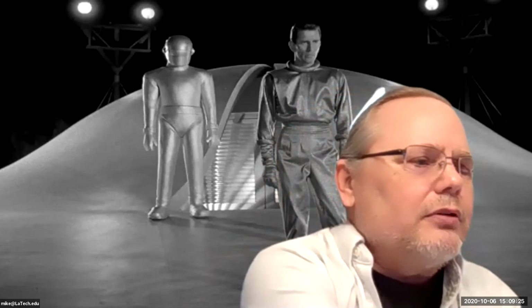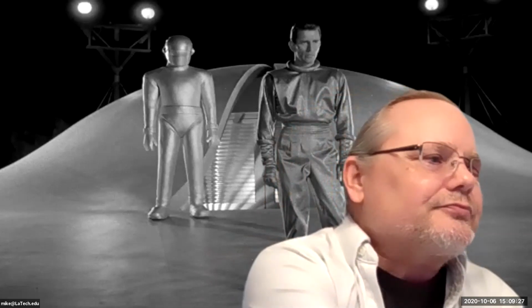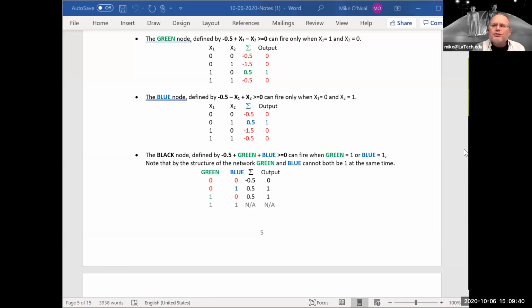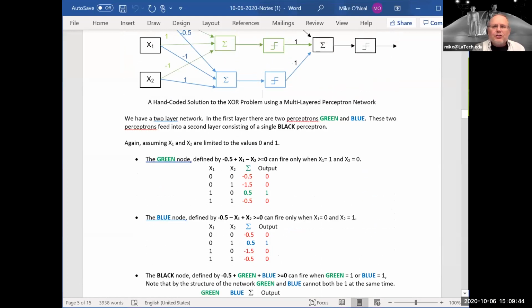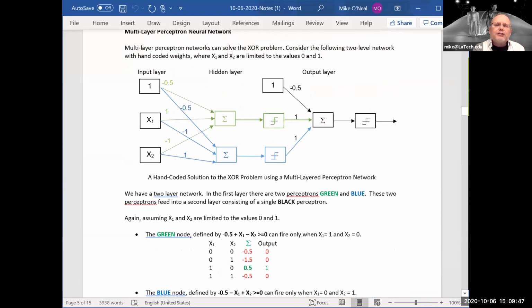So one other little thing that I wanted to show before I close the book on perceptrons and move beyond them. You might have noticed my solution here for XOR uses 3 handcrafted perceptrons, Mr. Green, Mr. Blue, and Mr. Black.